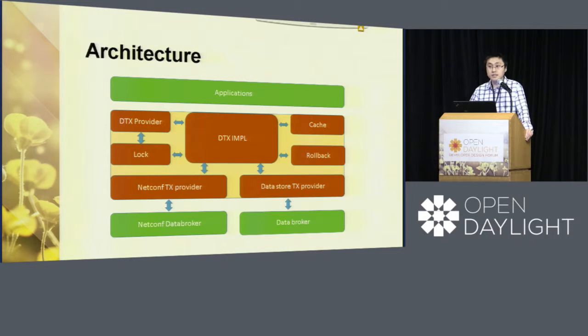First we read the data from your device and save it in the cache. If an error happens, the data saved in the cache will be rolled back to the previous state, meaning the cache data will be written to the device again. The cache is per transaction, so different transactions won't interrupt each other.